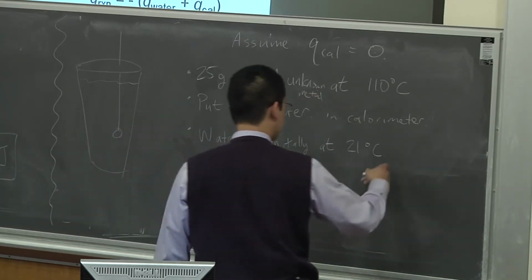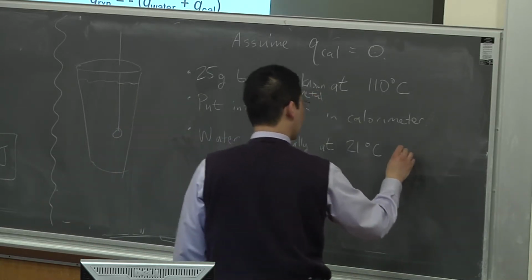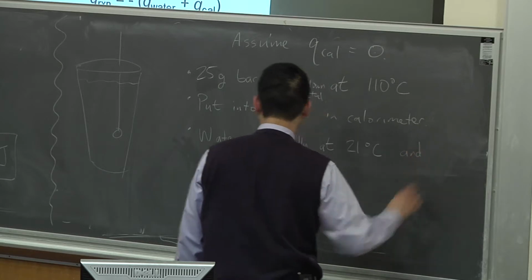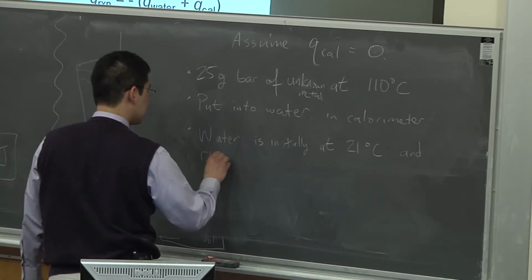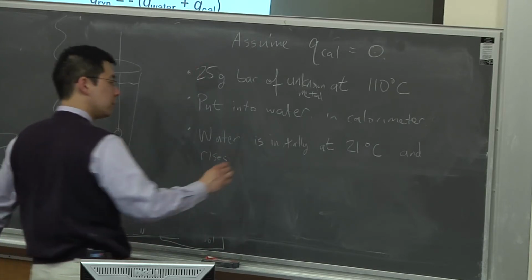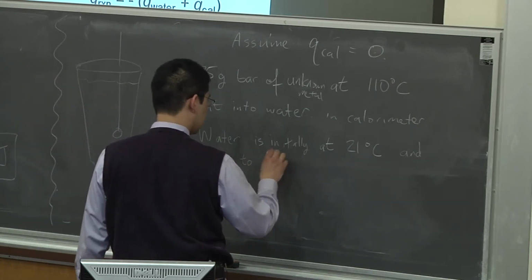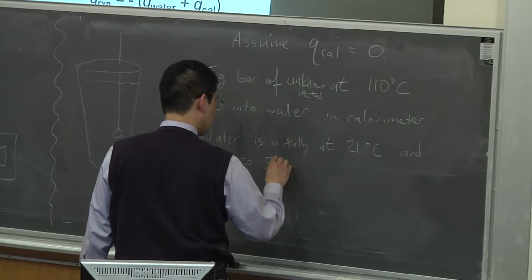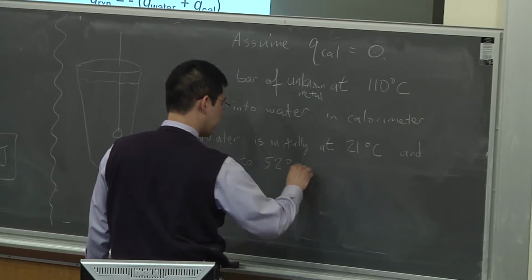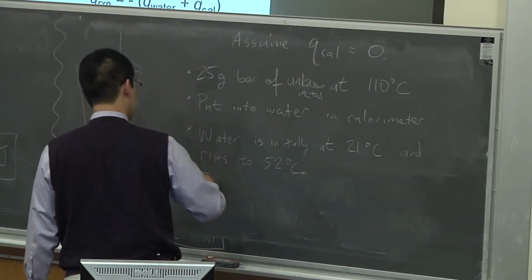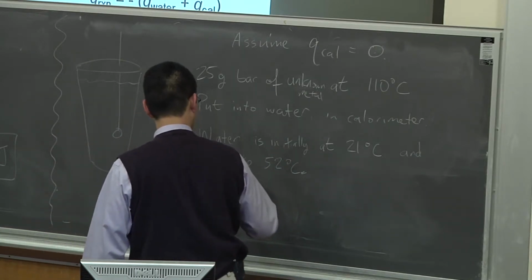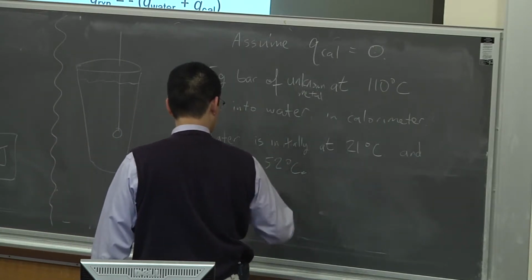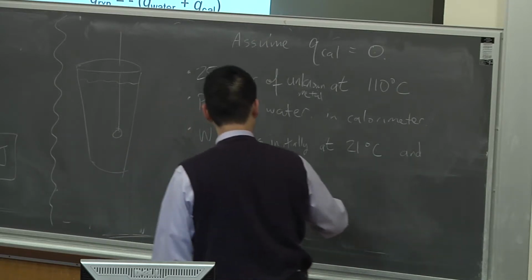The water is initially at 21 degrees Celsius and rises after you add the metal to 52 degrees Celsius. Find the heat capacity of the unknown metal.